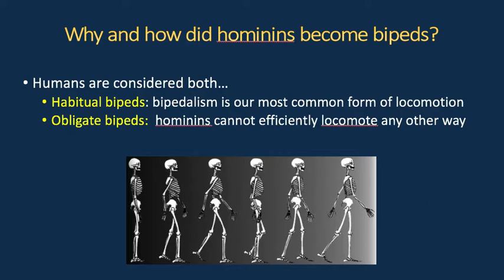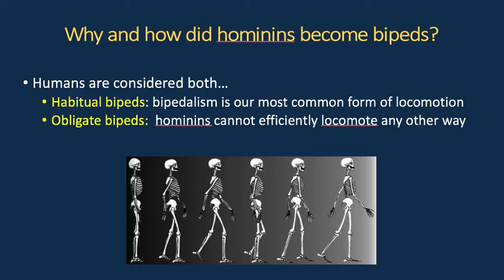And when we say that humans are obligate bipeds, it means that hominins cannot officially locomote any other way. So we are technically capable of crawling, for example. We're not good at it. It burns a lot of calories. It's not comfortable. We don't have the anatomical modifications that would make it an easy or energetically efficient way of moving. So that's what we mean by obligate bipeds.